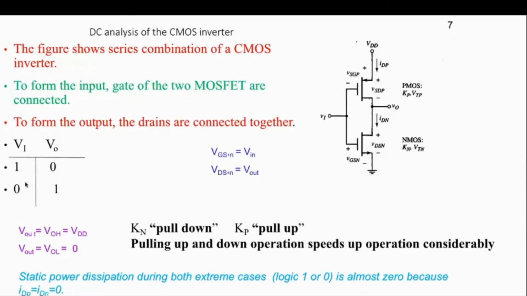On the contrary, if your input is 0, then this is on. Now some of you may ask, sir, why is this on at 0? The reason is that when you apply a 0 input, the gate is at 0, but your source is at VDD. So overall, your VGS of P is equal to minus VDD.